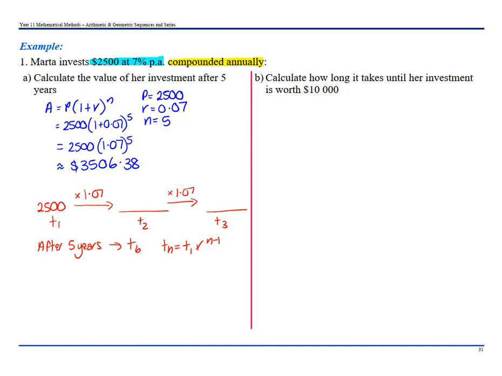That's our formula for geometric. So that's going to be 2,500 times 1.07 to the 6 minus 1. Fix it up so you can see it. So 2,500 times 1.07 to the 5. Work that out, you get the same answer.